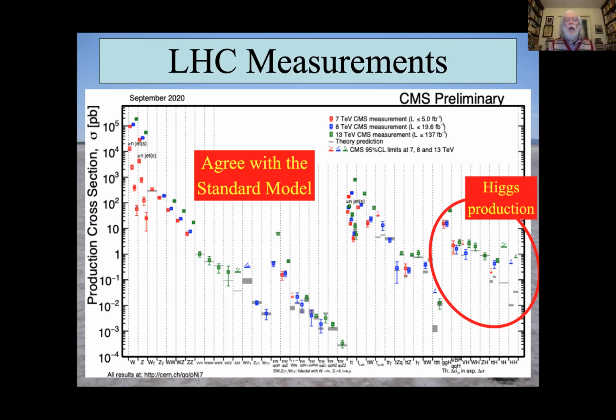This remark applies in particular to processes involving the production of the Higgs boson, shown on the right-hand side. As you can see, there are an increasing number of processes where Higgs production has been not just observed, but measured in some cases quite accurately.